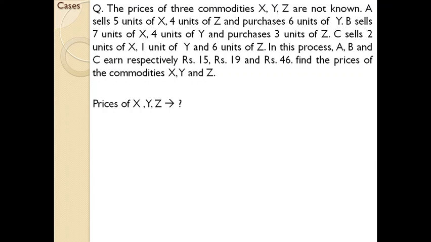In the question it is said that A is a person, and his action includes 5 units of X, 4 units of Z, and purchases 6 units of Y. In order to make a logical order, X is followed by Y, followed by Z. There is no rule that you have to follow this order. So A's actions include 5 units of X, 6 units of Y, 4 units of Z. And by doing these actions, he will earn an income or a profit of rupees 15.